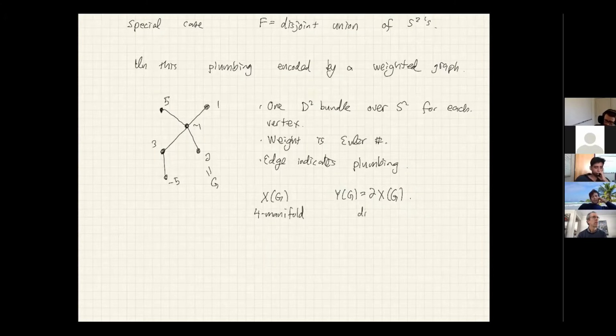And I guess this is 10x3. Okay, and so there's another description which is important, which is surgery on a link. Which is surgery, let's say just Dehn surgery on a link.